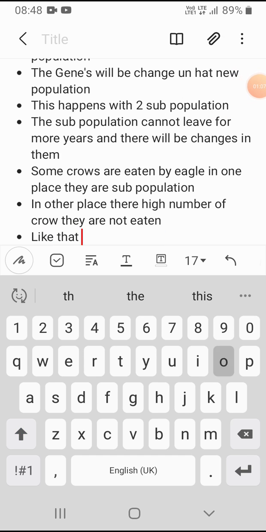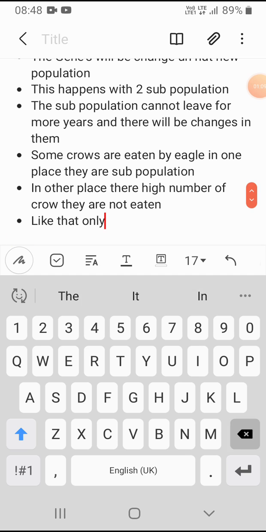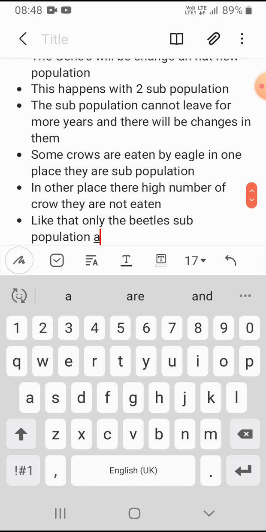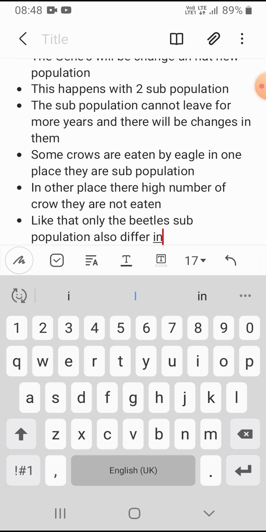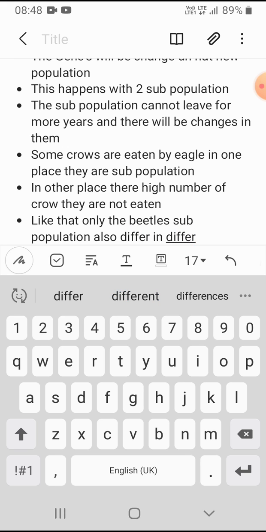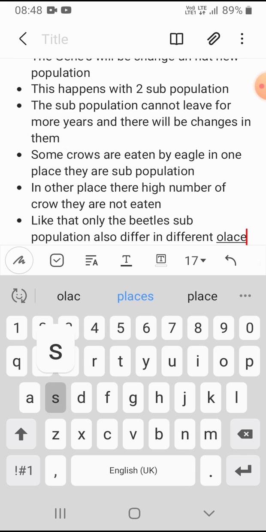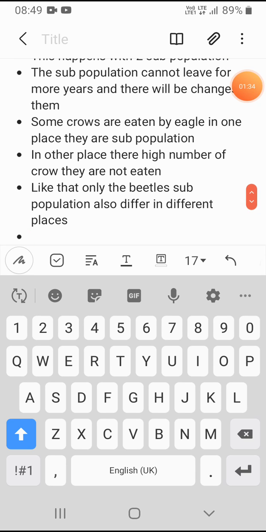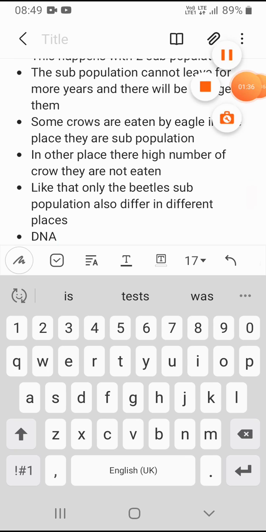Like that only, as we took the example of beetles, the beetle subpopulations also differ in different places. They also differ in DNA or chromosomes.